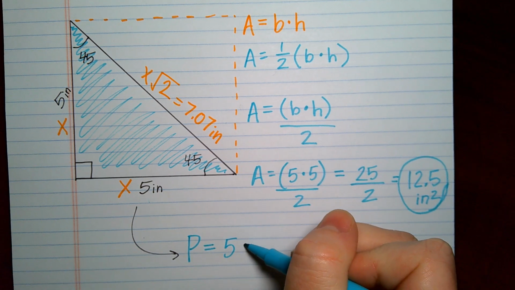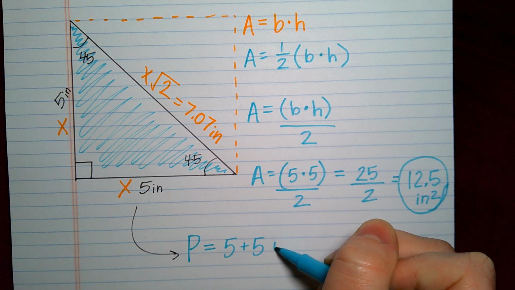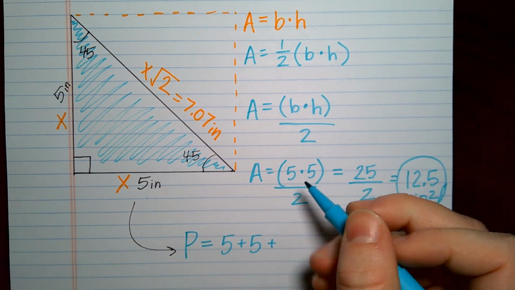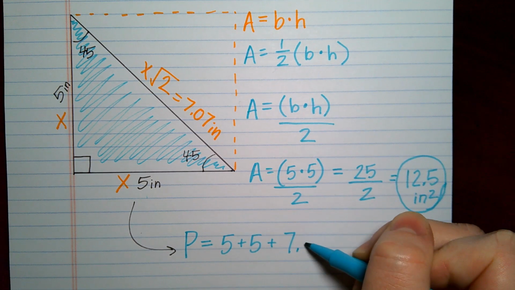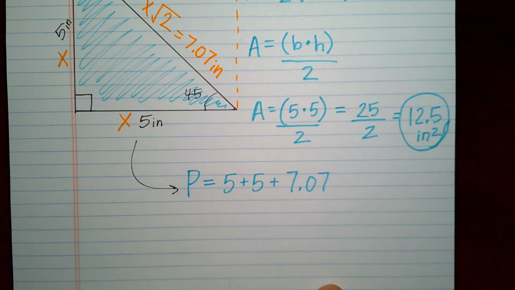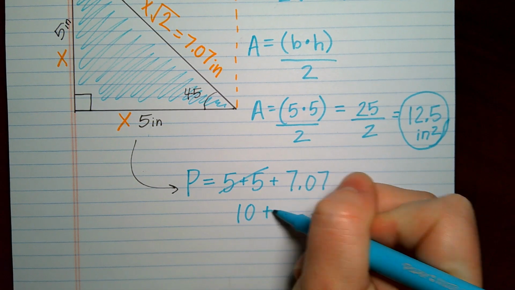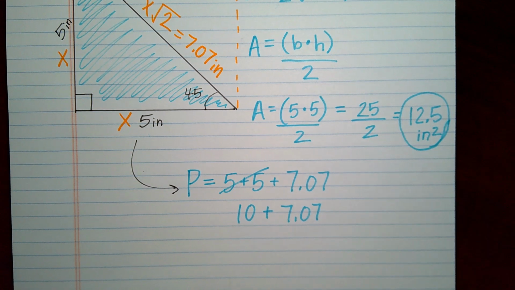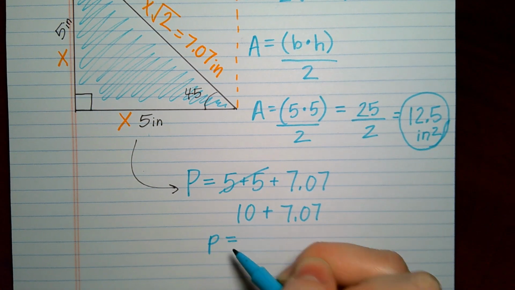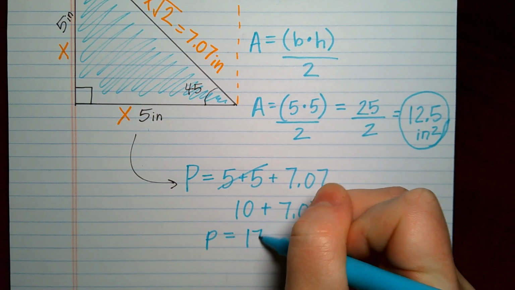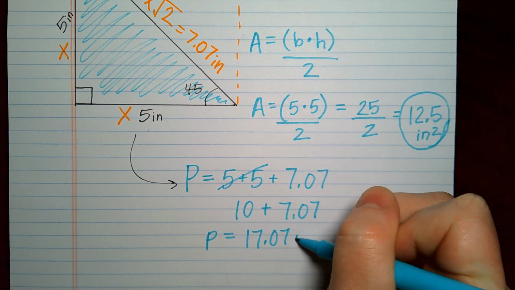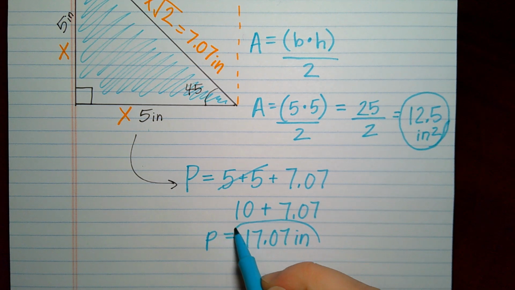And 5 plus 5 plus 7.07. 10 plus 7.07. So our perimeter is 17.07 inches. Beautiful, guys. Good job. Very good job.